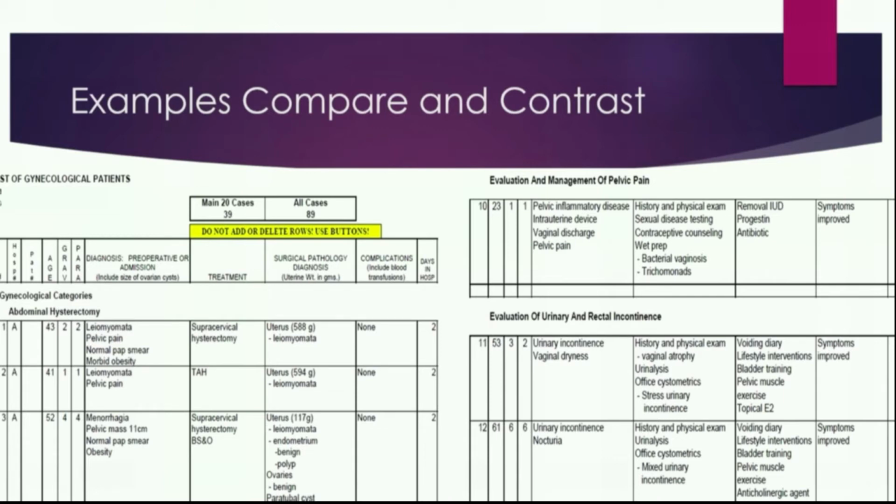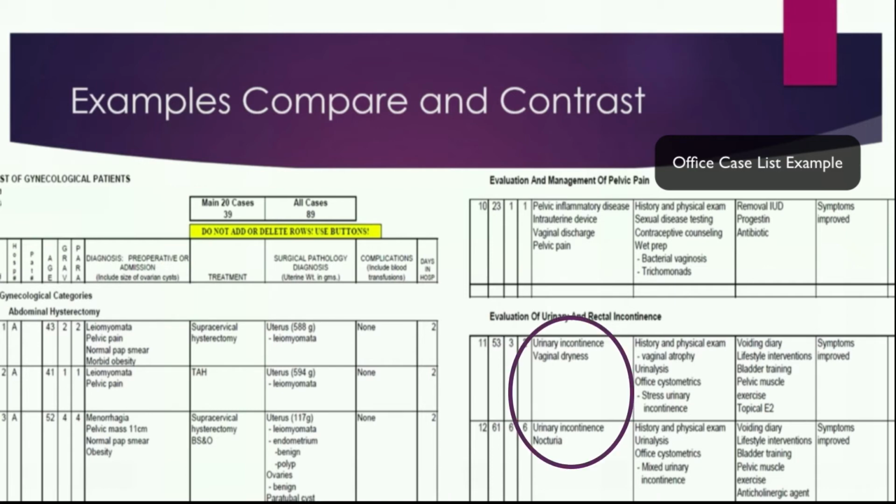On the right side here, I have 2 cases, case 11 and 12 from my office case list. One thing I really like here is that for both of these patients I wrote generalized urinary incontinence, so I'm pretty general here. But in the next column, I do history and physical exam, and when I'm doing my cystometrics, one has stress and one has mixed, and they're managed differently.